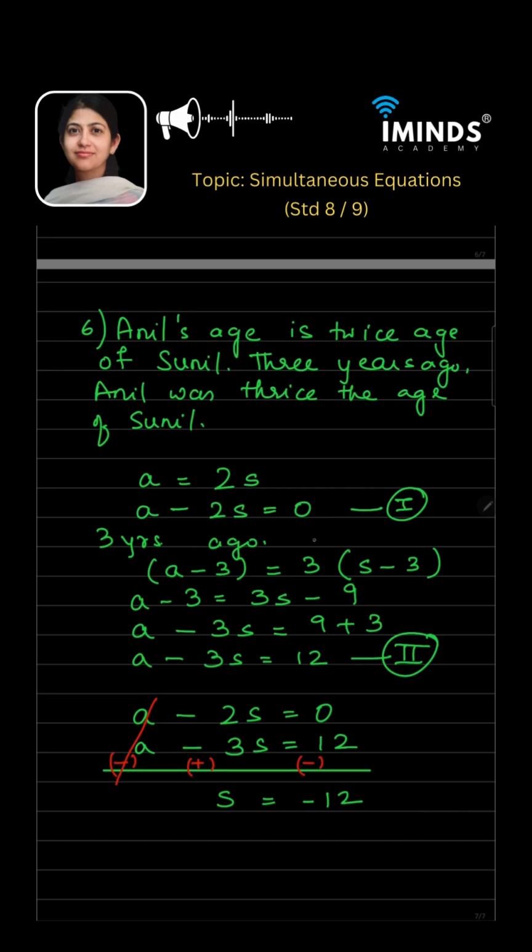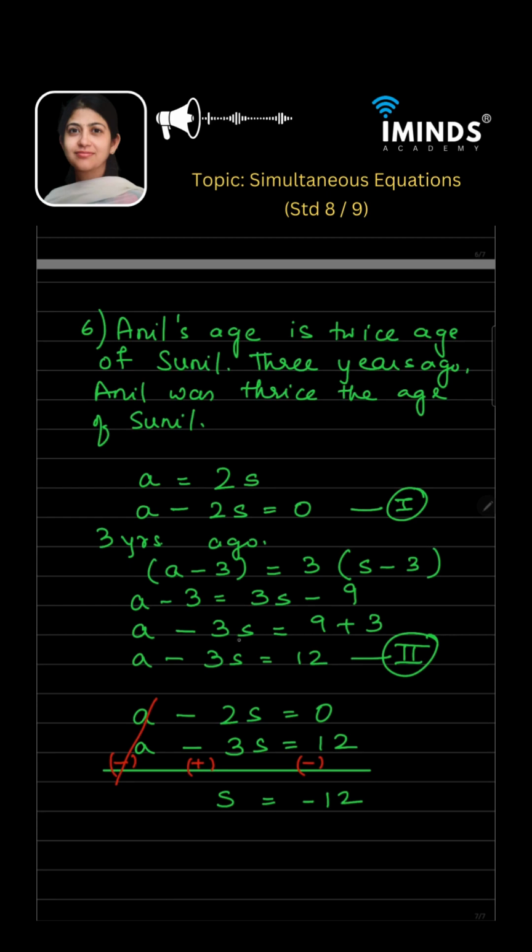A minus 2S is equal to 0. Is twice, correct? So A minus 3 is equal to 3S minus 9. Let me read this. 3 years ago, Anil was thrice the age of Sunil. Okay. So A minus 3 is equal to 3S minus 9.